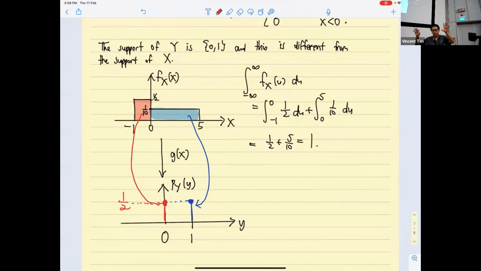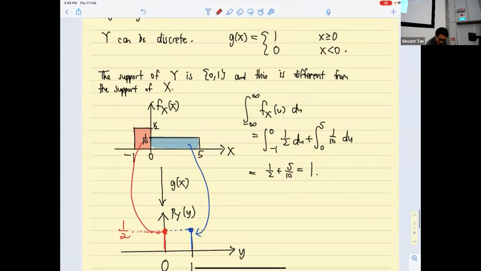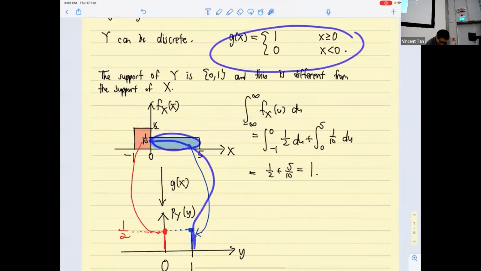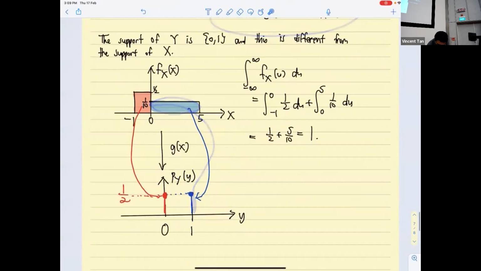So you can see that if I pass it through this particular Heaviside step function, if x is positive, I will map all these values to y equals 1. And the mass here is basically 5/10, which is half, of course. And if x is negative, then y will be exactly 0.